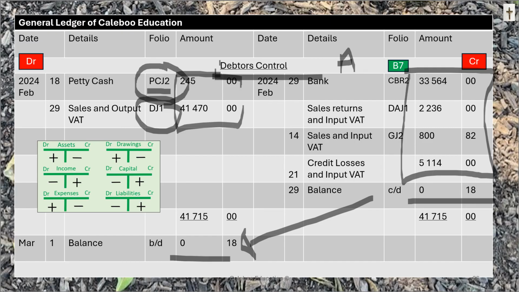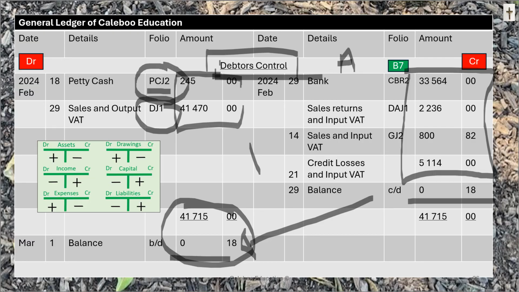What I would do, and more about that later, is at the end of the month you do a debtors reconciliation. So you're going to take the balance of the control account and compare it to the list of debtors which you get from the debtors ledger. But remember, this video is all about balancing general ledger accounts and drawing up a trial balance at the end of the month.